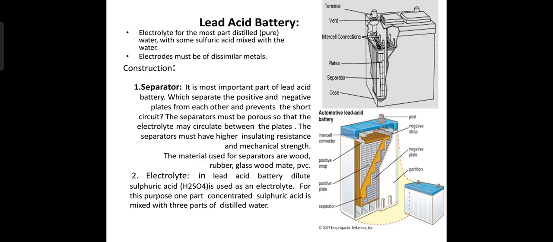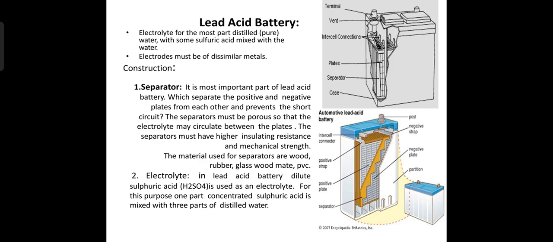So, what is the separator? It is the most important part of a lead acid battery, which separates the positive and negative plates from each other and prevents short circuit. The separator must be porous so that the electrolyte may circulate between the plates. The separator must have high insulating resistance and mechanical strength.